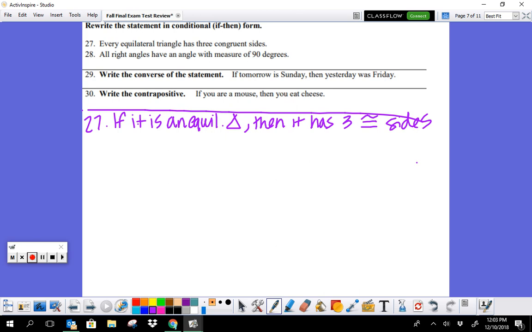If you need to pause to get all that written down, then do that. Number 28, all right angles have a measure of 90 degrees. So I would say if it is a right angle, then it has a measure of 90 degrees.